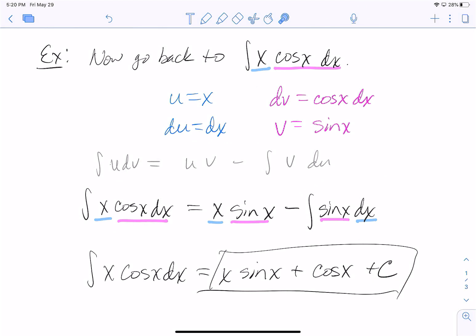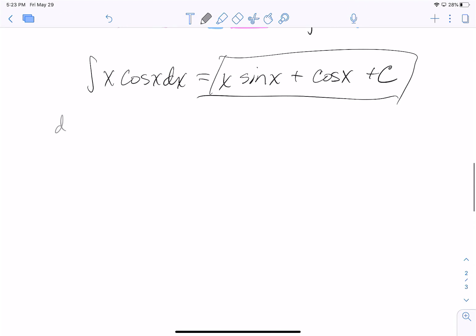So this is how the integration by parts formula is used. We can even check what we have by differentiating. The derivative with respect to x of x times the sine of x plus the cosine of x, and I'll throw in plus c, even though the derivative is going to be 0 for that one. Folks, if we differentiate x times the sine of x, we're going to use the product rule, and so we have the sine of x plus x times the cosine of x, right?